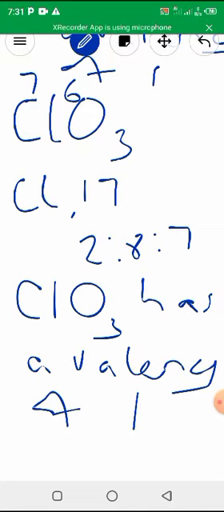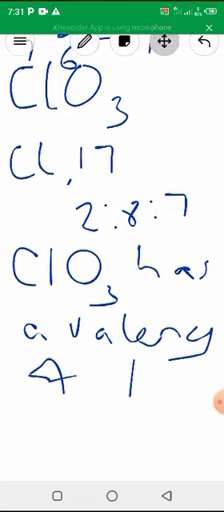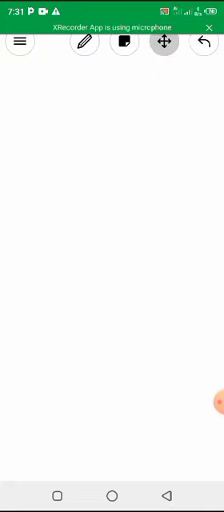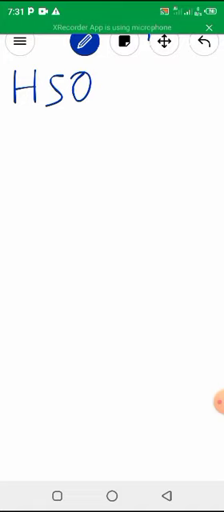Let's talk about hydrogen sulfate radical. For this case, hydrogen is in group 1. Sulfur is in group 6. Oxygen 2 times 4, 8.